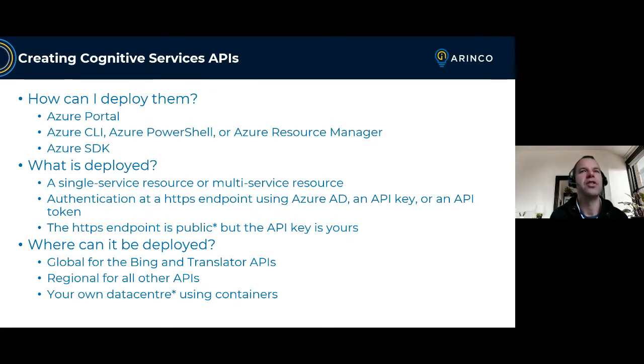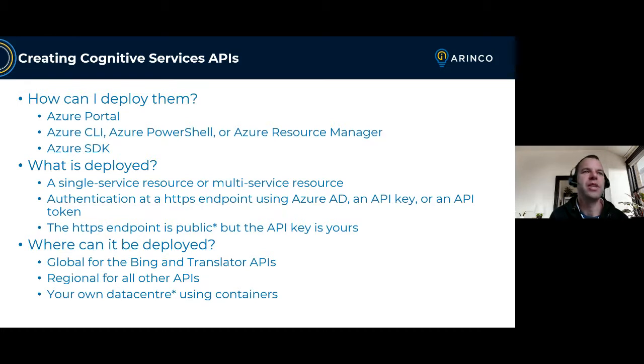That authentication key or token can be provided by Azure AD integration, or an API key that's published through the Azure portal for you to use, or you can exchange that API key for an API token. The API key is obviously a long-life key. The API token is the short-lived token that can be exchanged from that API key.